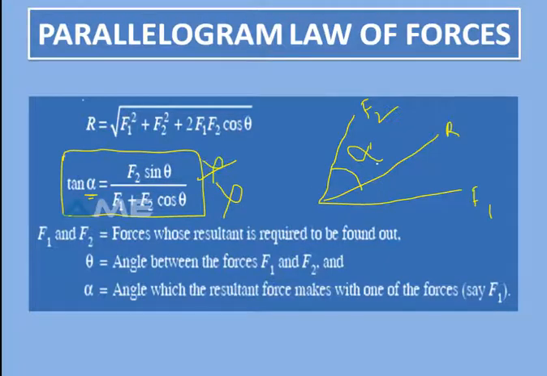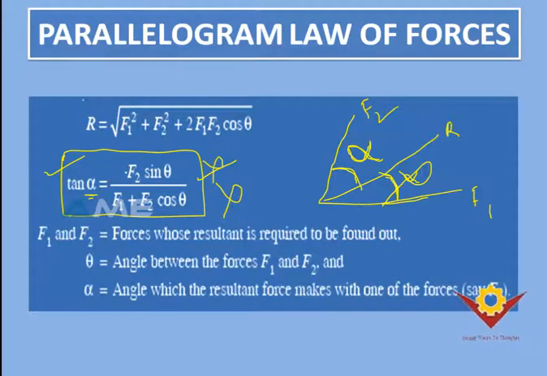Because here alpha is making an angle with respect to F2, not with respect to F1. When alpha is with respect to F1, then this formula is valid. But now this alpha is making an angle with respect to F2.